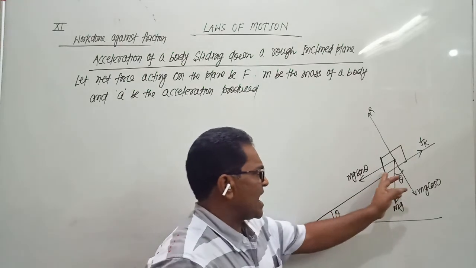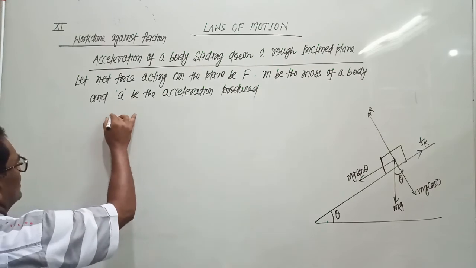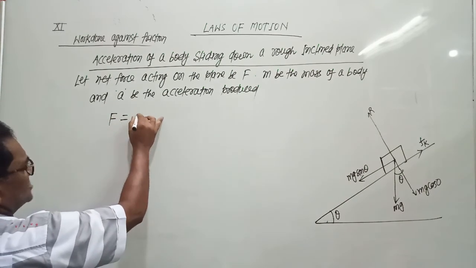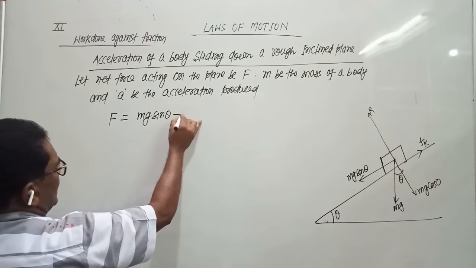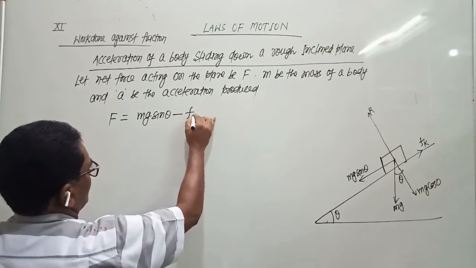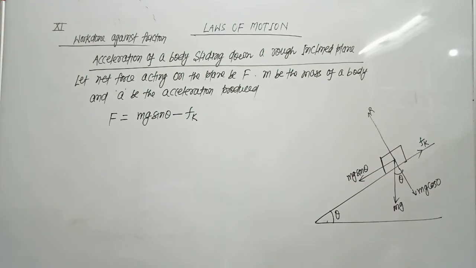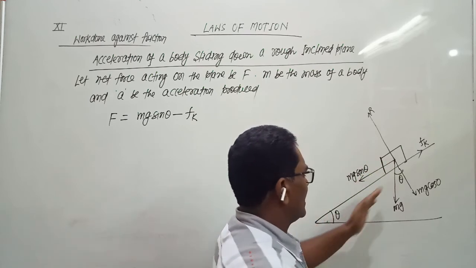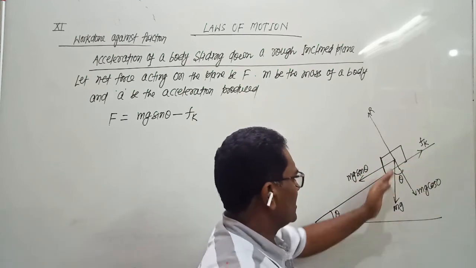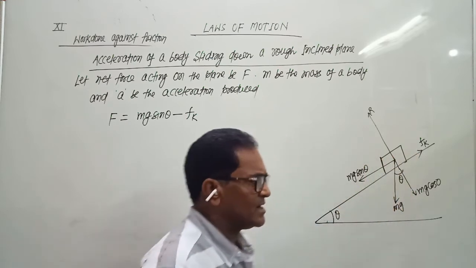So the net force by which the body is sliding down is F. So F must equal mg sin theta minus Fk, because mg sin theta acts along the plane, and Fk acts in the opposite direction, and mg sin theta is greater because the body is sliding down.